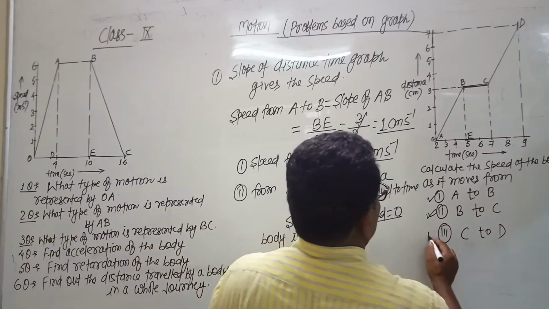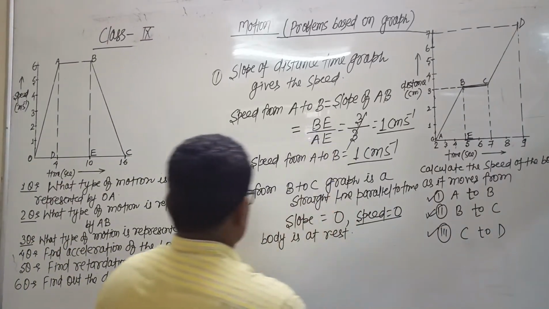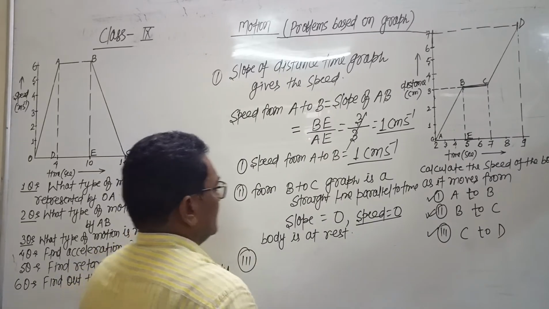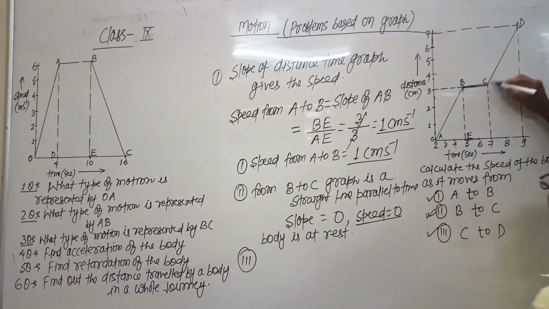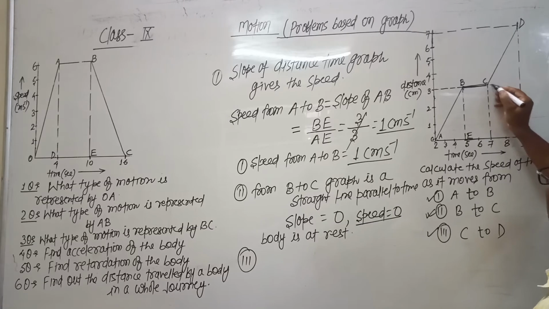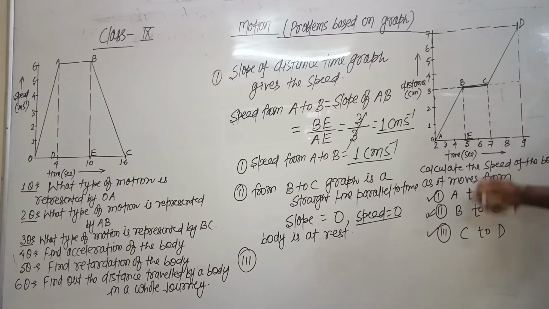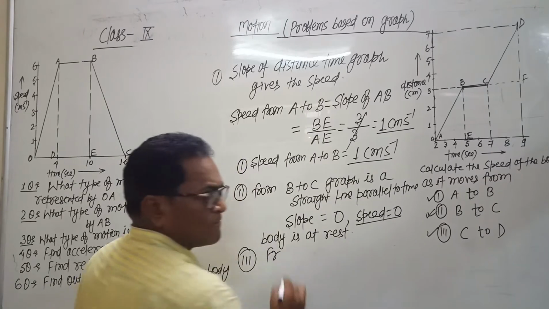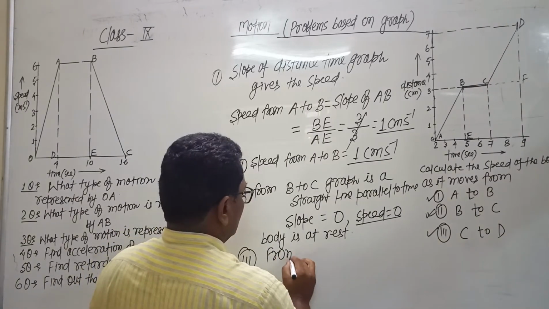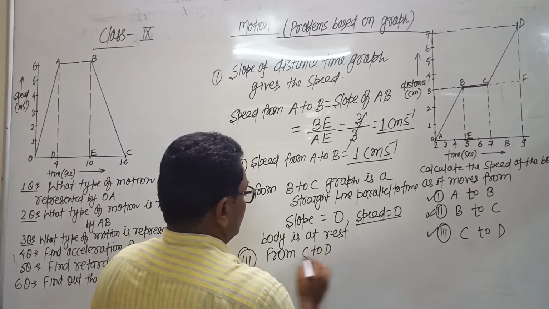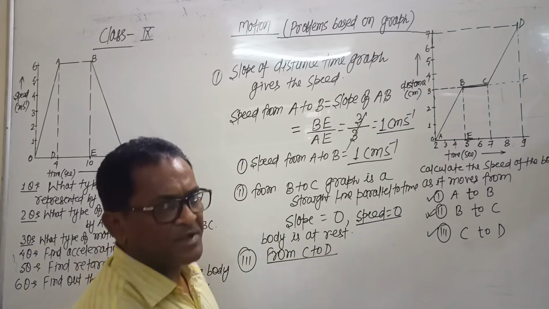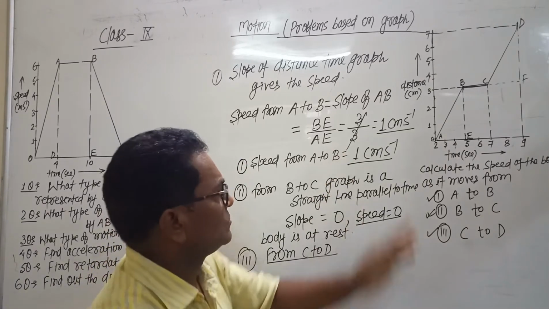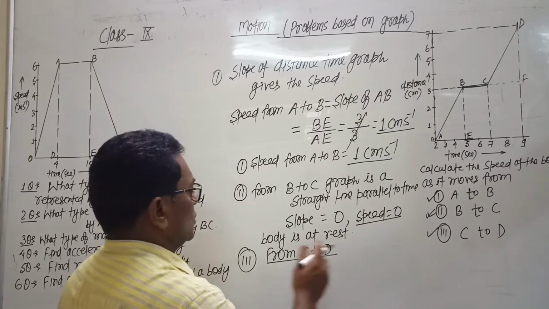Now from C to D. Again, from C to D the graph is a straight line inclined to the time axis, and name the point F. From C to D, again the speed is found by calculating the slope.